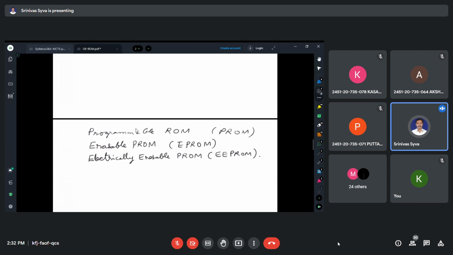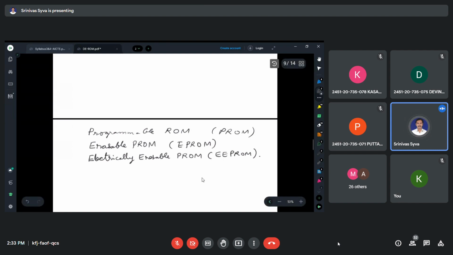He will provide the information in the form of a truth table. The manufacturer, in the last stage of the manufacturing process, will program the ROM. So that is one type, at the factory itself.